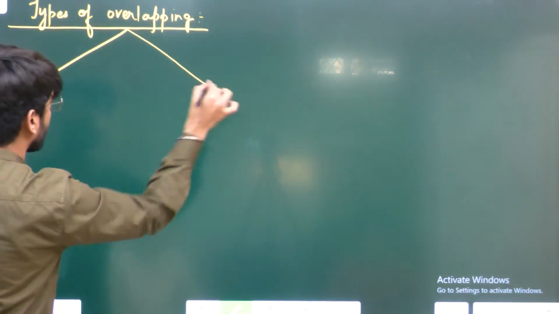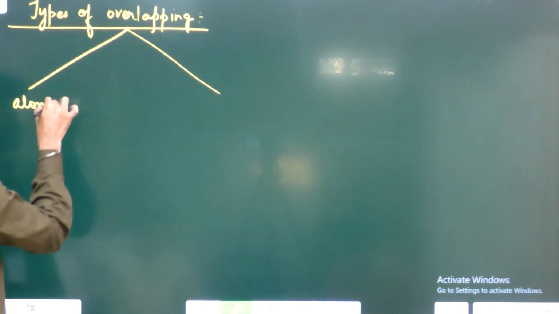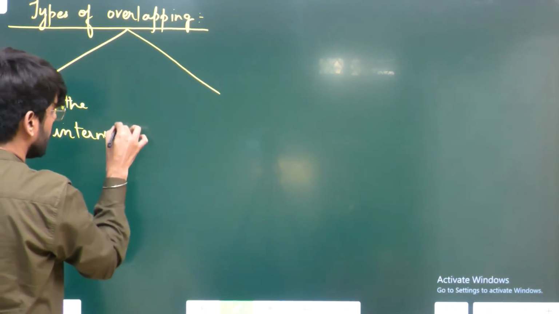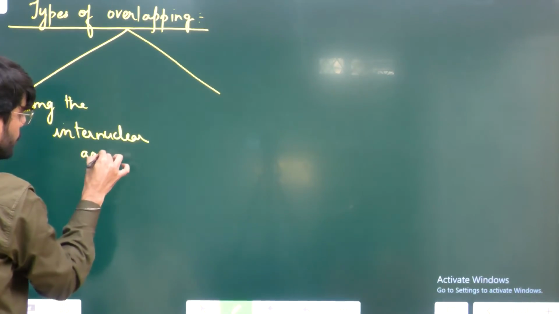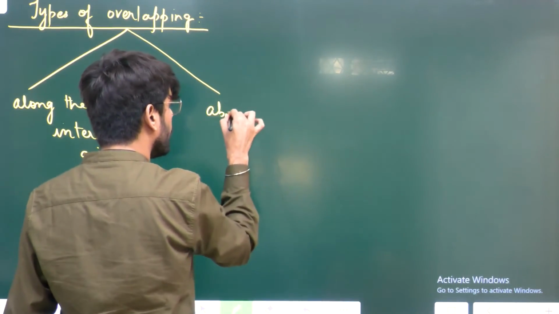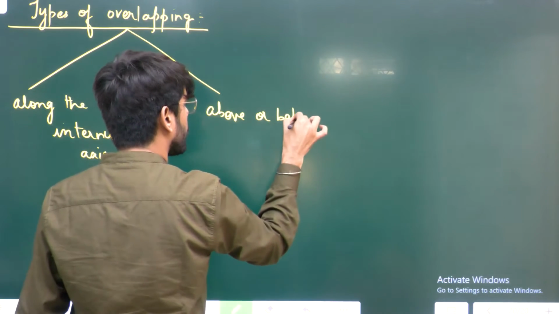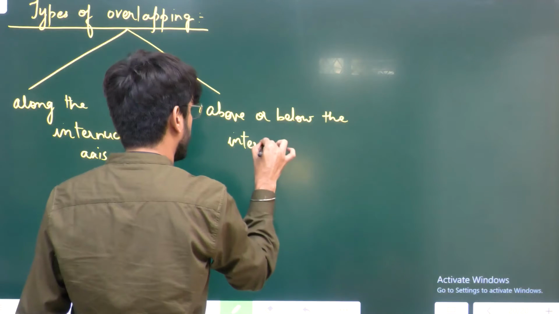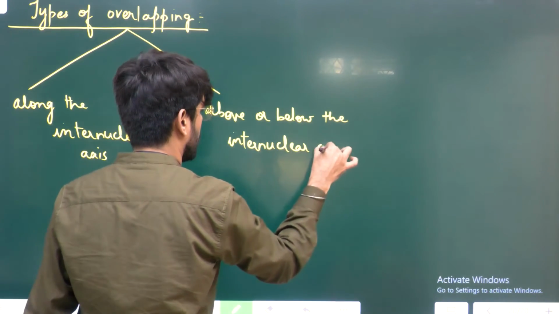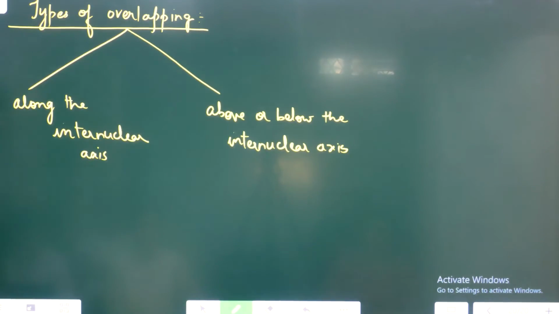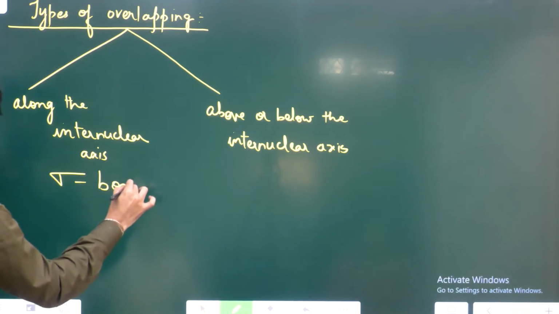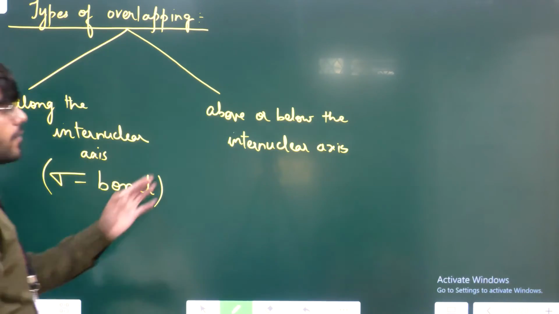There are two types of overlapping: along the internuclear axis, and above or below the internuclear axis. See, look here. This results in the formation of sigma bond.